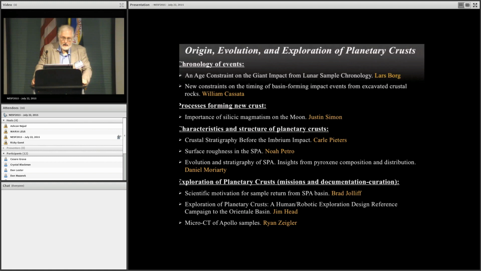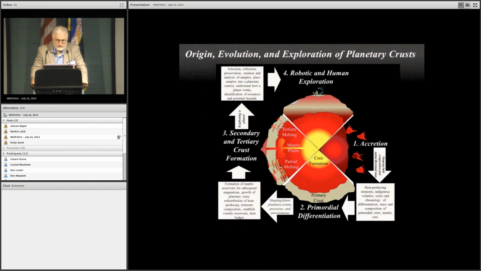Then a series of talks on the characteristics and structures of planetary crusts, and then follow that up with the exploration of planetary crusts, with two examples of potential lunar missions to better understand events and the crust on the moon, and also a final curation type of talk of what to do once we have those samples in order to extract the most valuable information from them.